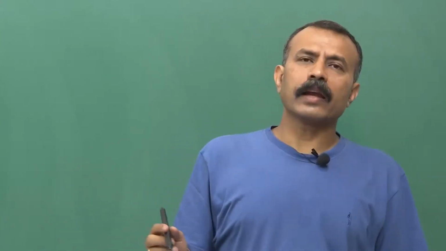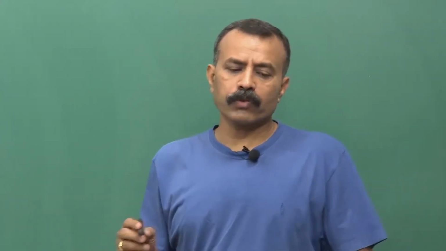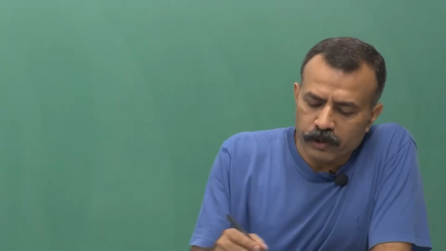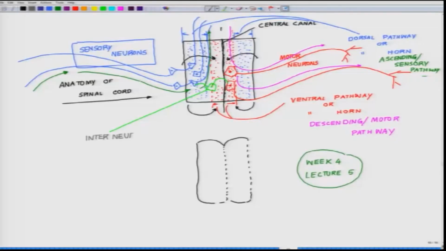So, that is done by a class of neurons which are sitting, and I will put them in, neurons which are conveying the message of the sensory neurons, crosstalks with the motor neuron in the spinal cord via interneurons.